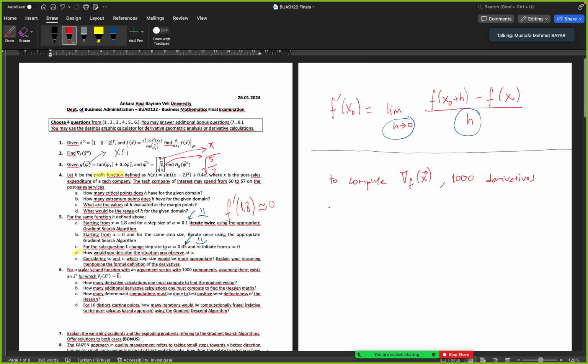So you have 1000 partial derivatives. Then, for the Hessian, for each first order partial derivative, you will have 1000 more derivatives. Then you're going to have 1000 times 1000 derivatives for the Hessian. So this is going to be 1000 squared more derivatives.